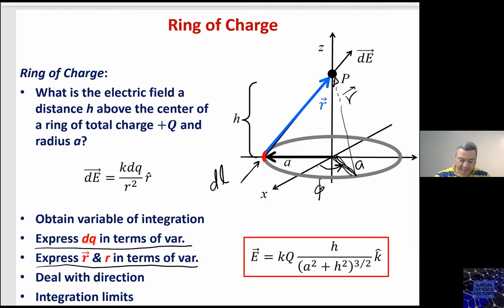So here we substituted the 2 pi a times lambda with q, which is basically the total charge on one ring of charge.